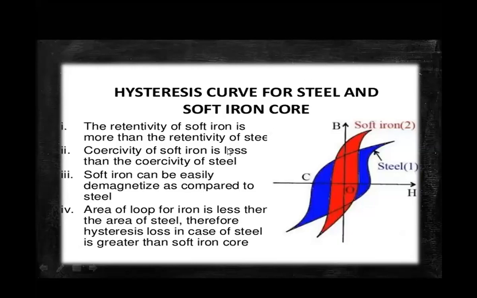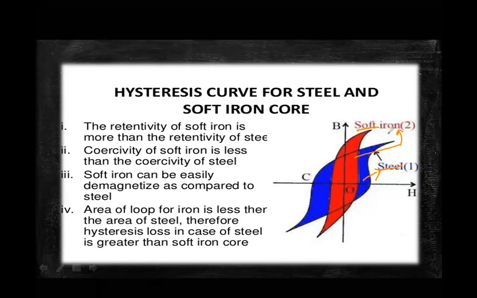Right. So here you can see a small experiment that tells the importance of this curve. What does this experiment tell? We are testing two materials: one is soft iron, the other is steel. You can clearly see that the steel has a larger area than the soft iron.